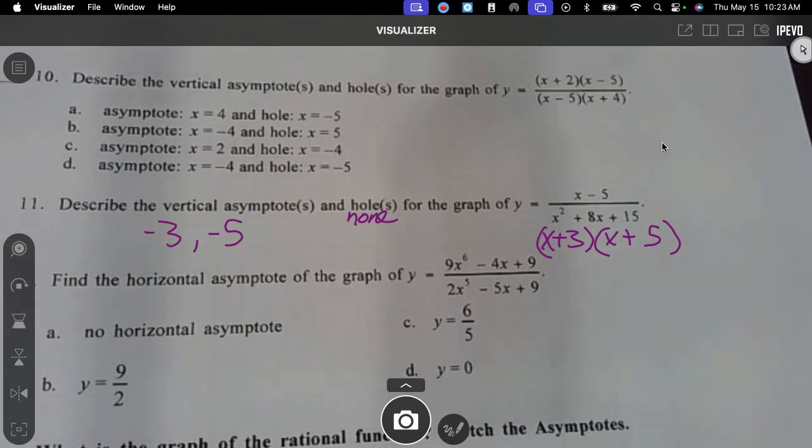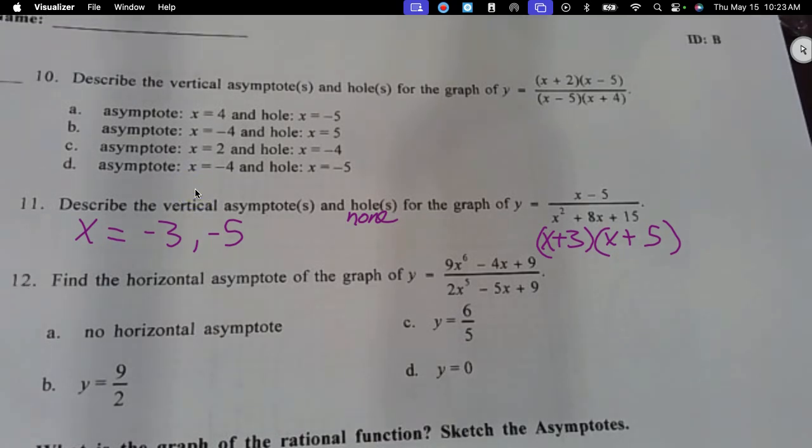And they would probably put x... oh, they did. See how they put x equals. So x equals -3. But why is it negative if it's +15? Okay, because if you're looking right here, do you understand how I got these numbers? 3 times 5 is 15 and 3 plus 5 is 8. Because if 8 was negative, then it would have to be -3 and -5.